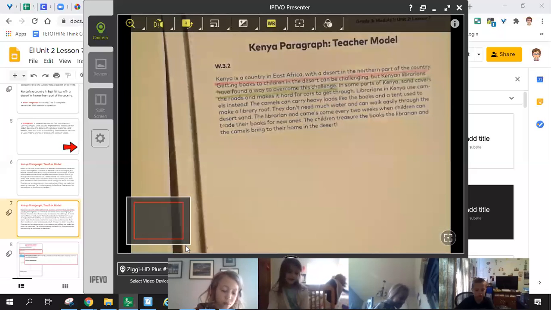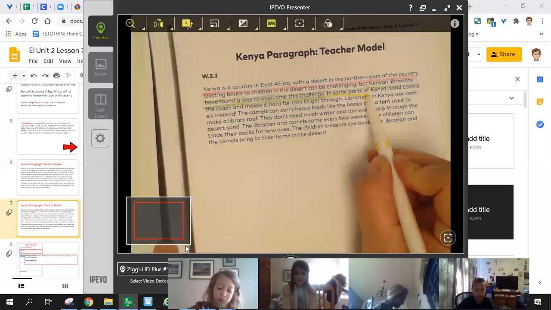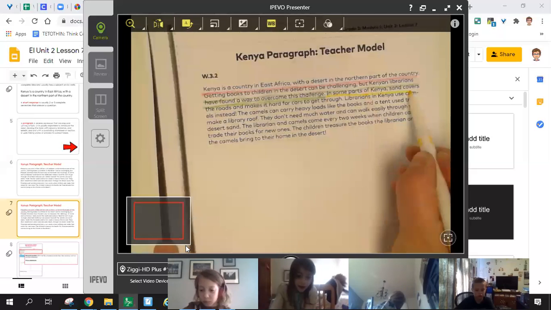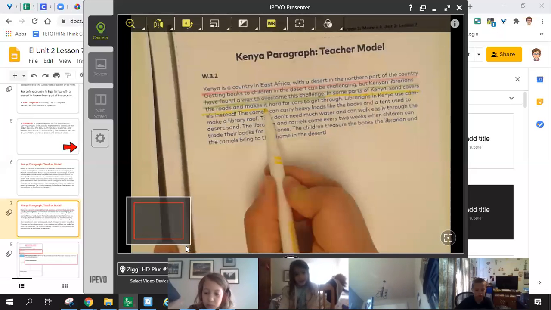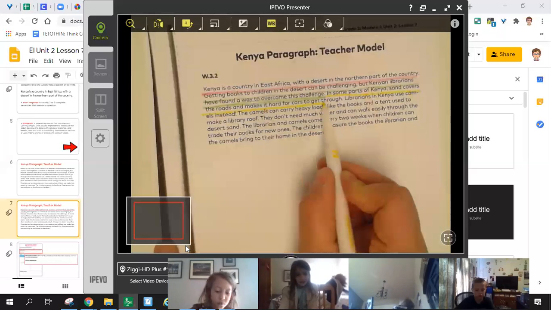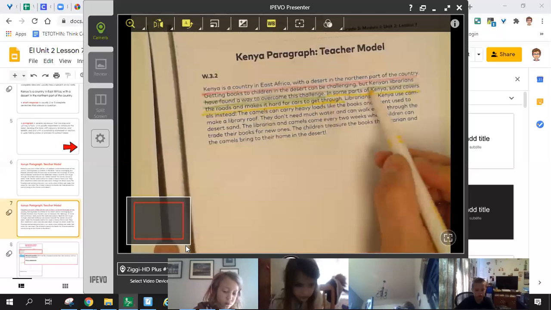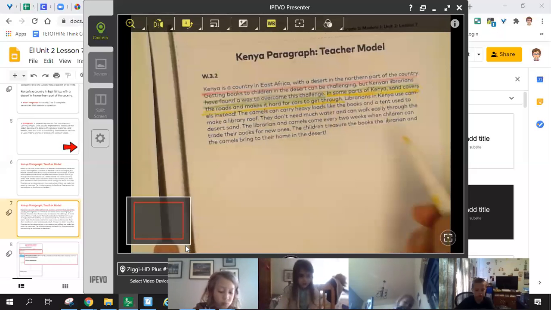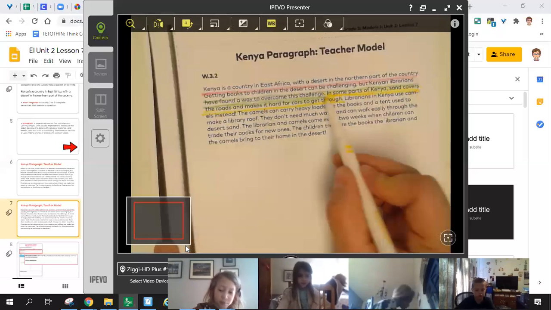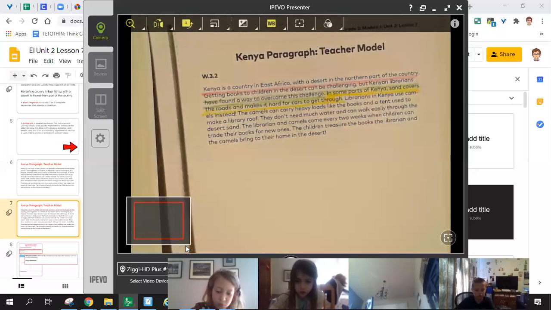I'm going to use a marker instead for this one because yellow is really hard to see, distance-wise, especially. So in some parts of Kenya, sand covers the roads and makes it hard for cars to get through. Is that our challenge? That's our challenge. And our question that we are answering is, what are challenges people face when learning?